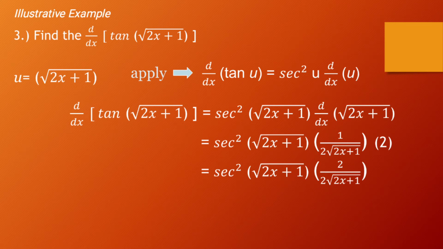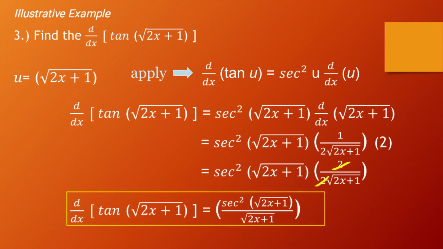And in this portion, we can just also simplify, or we can cancel this to here. And our final answer for getting the derivative of tangent square root of 2x plus 1 is equals to secant squared square root of 2x plus 1 all over square root of 2x plus 1. So we just get the product of these two terms. That's why we have this final answer.